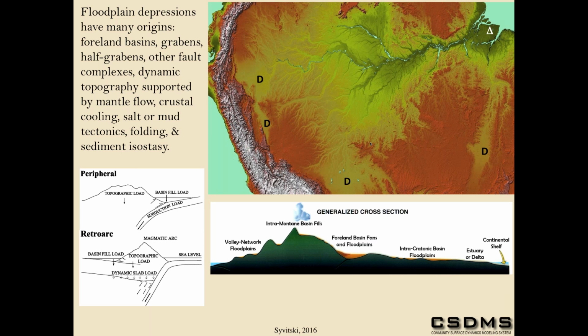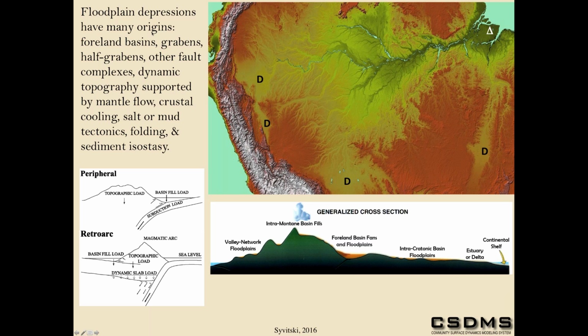We typically think about foreland basins, such as in this nice image of the Andes and the Amazon, where you can see billions of tons per year are trapped in these foreland basins. So these things can be significant traps.